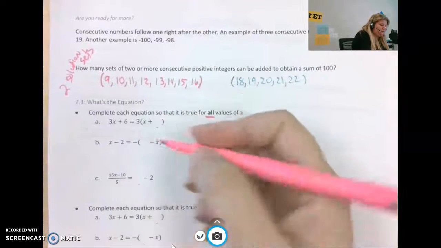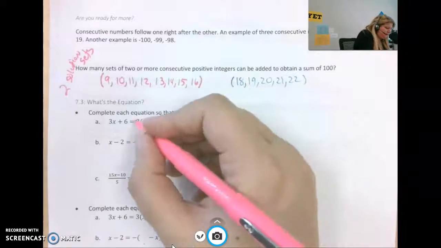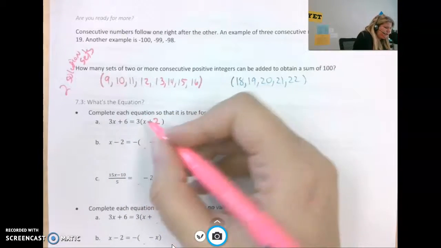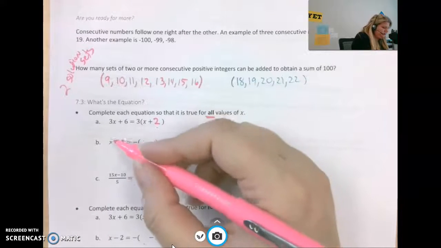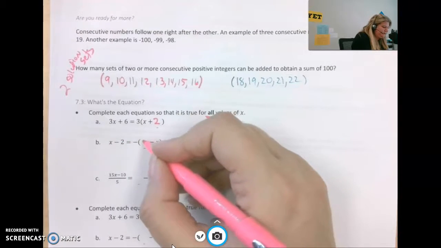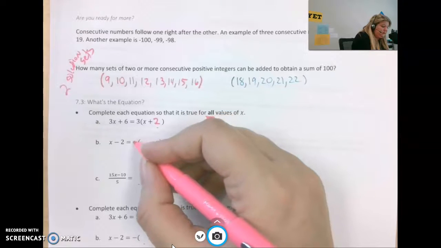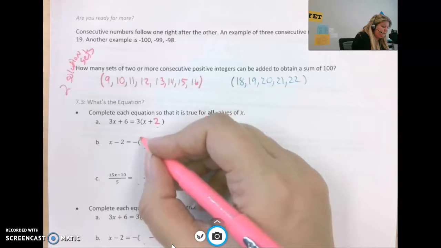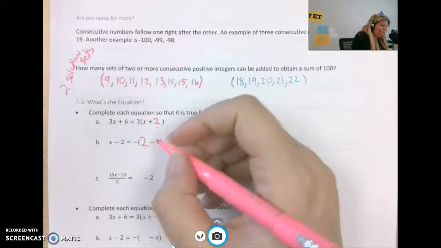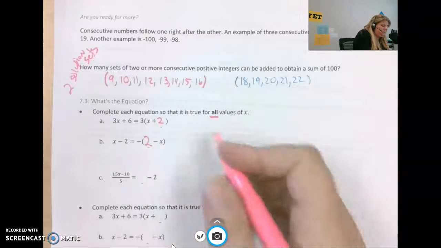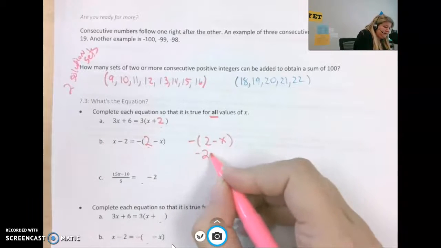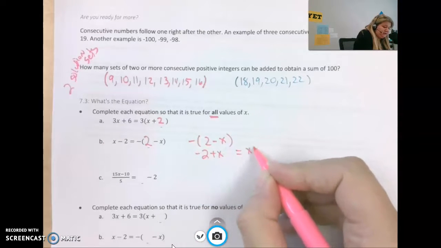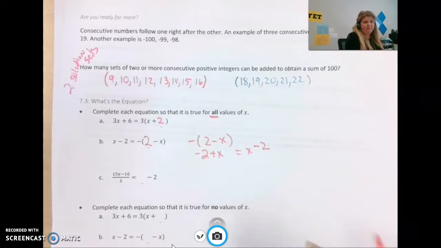And you're going to have a 2 here because 3 times 2 would give you 6. And then here, the opposite of 2 minus x is negative 2 plus x, which is x minus 2.